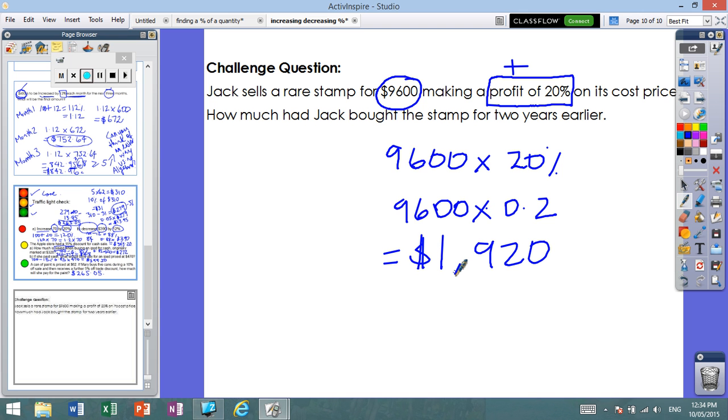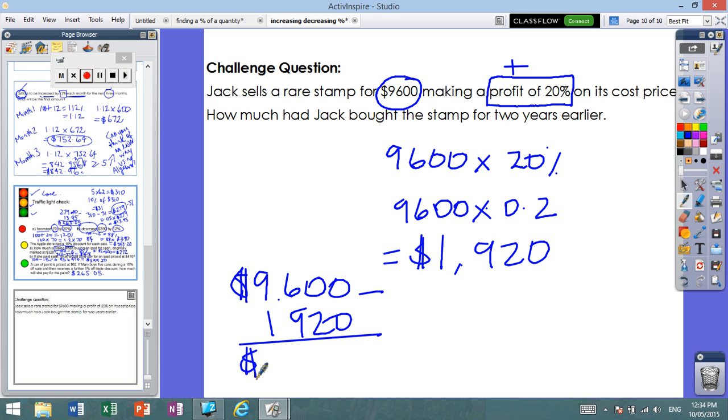It's quite a bit, isn't it? For a stamp, who would know? So we need to take that away from the original because we need to find out what he paid 2 years ago. Minus 1,920 ends up giving us, he paid 2 years ago $7,680 for his stamp. And of course, remember, when you have sentences, you need to answer in a sentence.